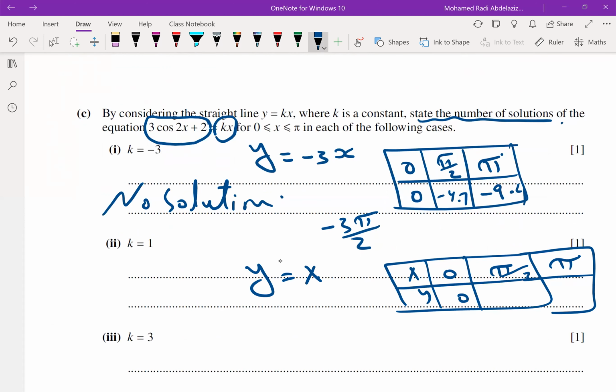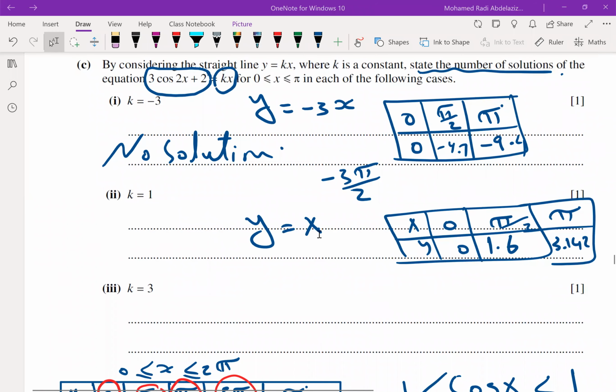As a decimal, pi divided by 2 is approximately 1.57 or 1.6. If you substitute pi, you will get pi, 3.142.